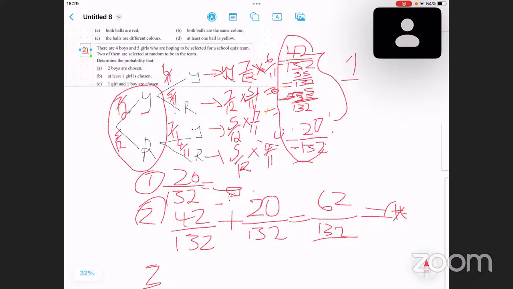What do they mean when they say the balls are of different colors? What is the probability when you're looking at this tree diagram? How are we going to answer this?